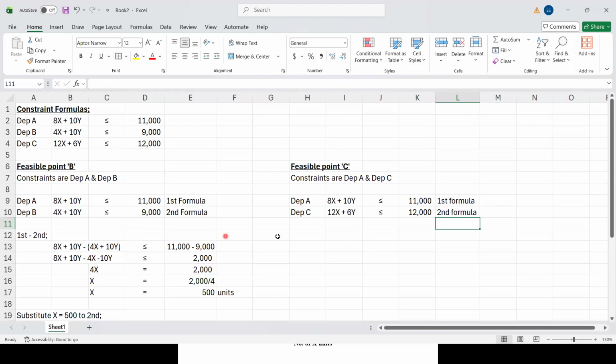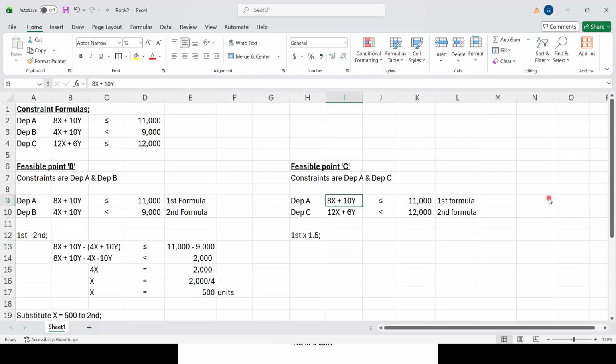So here what we have to do? Multiply the first formula by 1.5. Right.